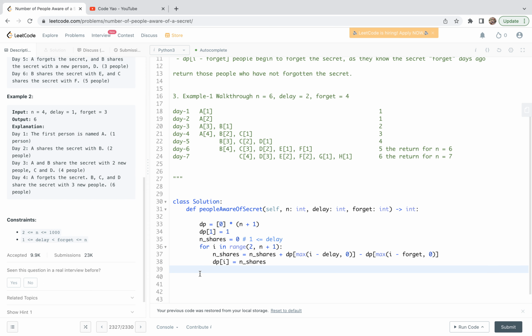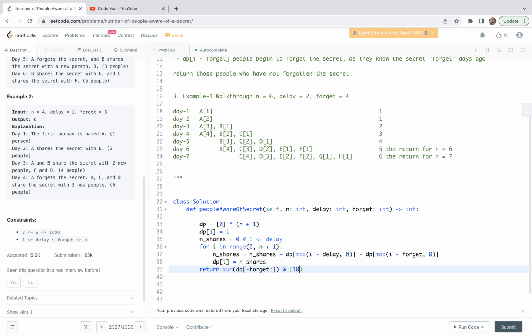So with that said, then we're going to return the result. What we want to return is, at the end of day n, the people who haven't forgotten the secret, that is those from forget forward, right? These people haven't known the secret for more than forget days, so they haven't forgotten the secret.